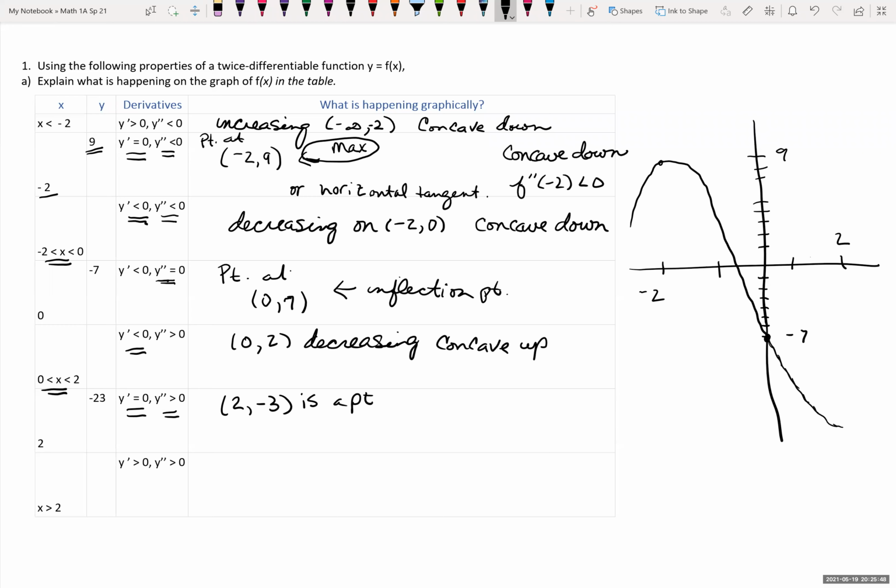Second derivative is concave up. So we have a min at this value. And then we're increasing after that and still concave up because our second derivative is greater than 0. Okay, so we have the graph of what that function could look like, and that was part B of that problem.